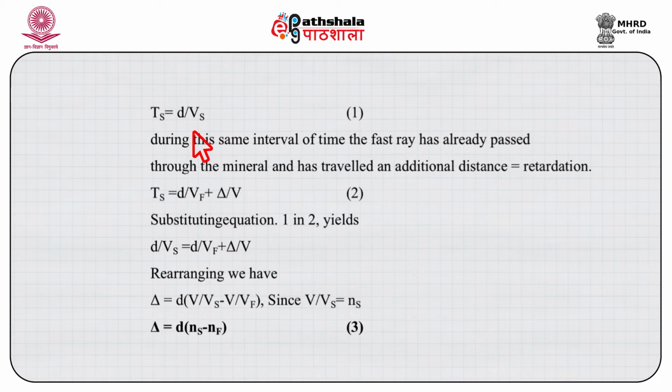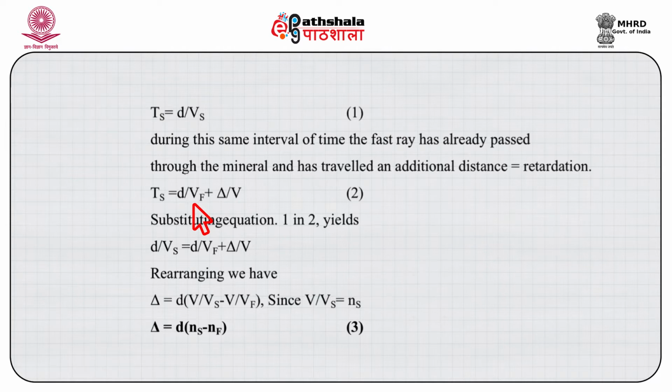During this same interval of time, the fast ray has already exited the mineral and has travelled an additional distance which is equal to the retardation. That means that the time taken by the slow ray will be equal to d, the thickness of the mineral, divided by the velocity of the fast ray, plus the retardation divided by the velocity of the light which is travelling through that anisotropic crystal.